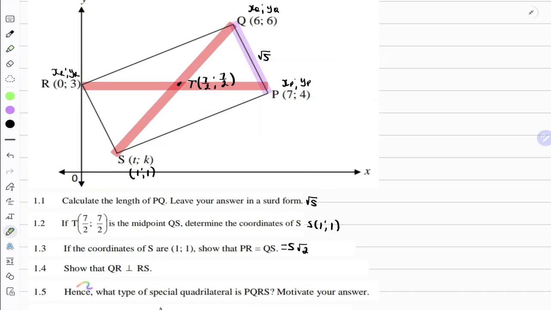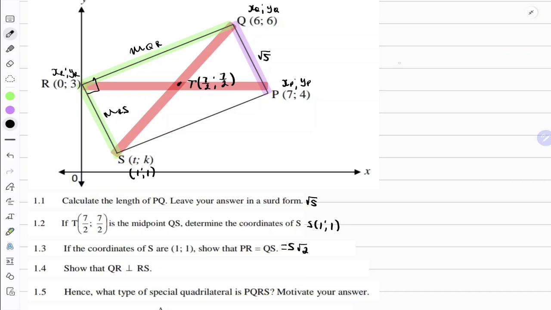So the next question says we need to show that line QR is perpendicular to RS. For this condition to be true, for these two lines to be perpendicular, we need to show that the gradient of QR times the gradient of RS, when multiplying the gradients, we should get negative 1.